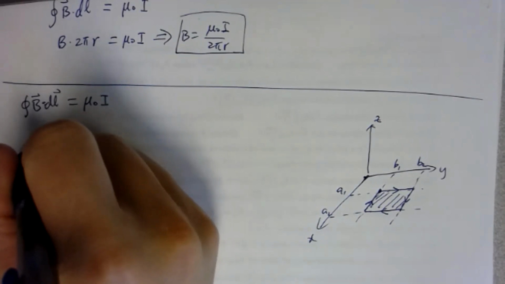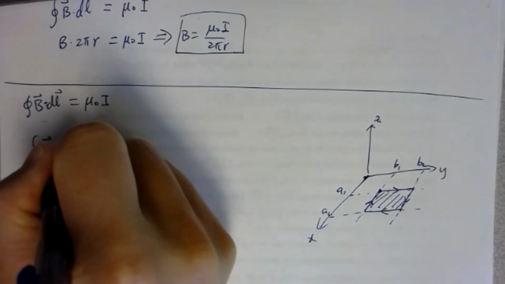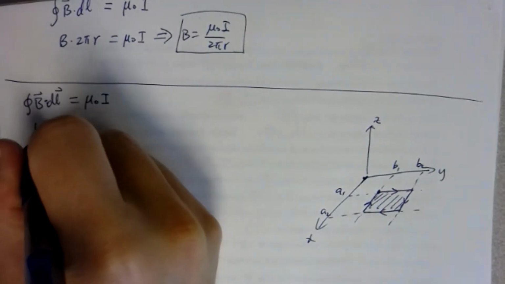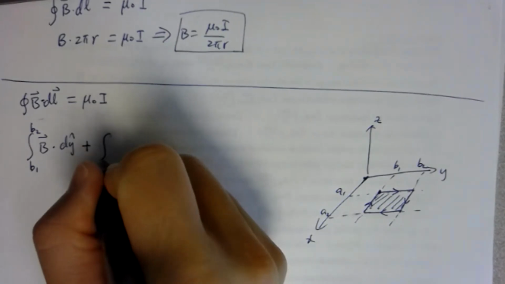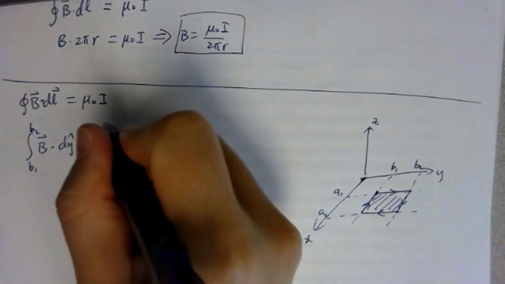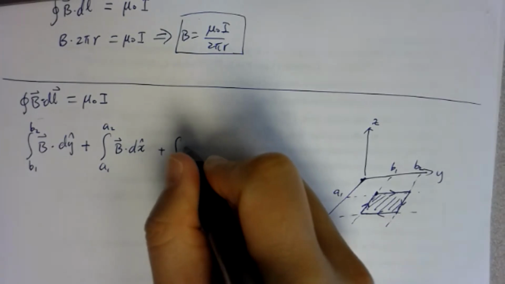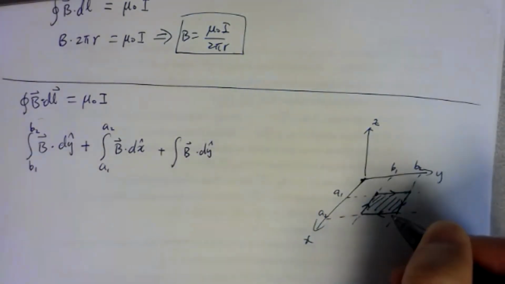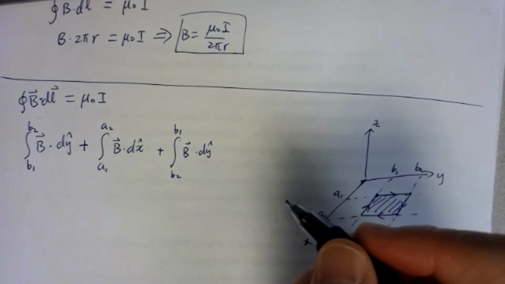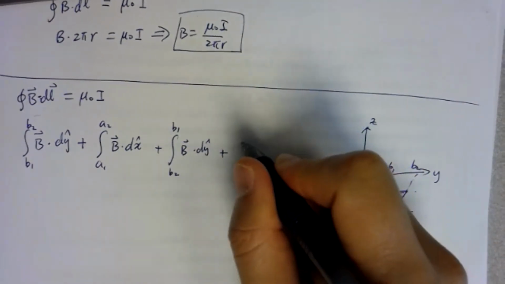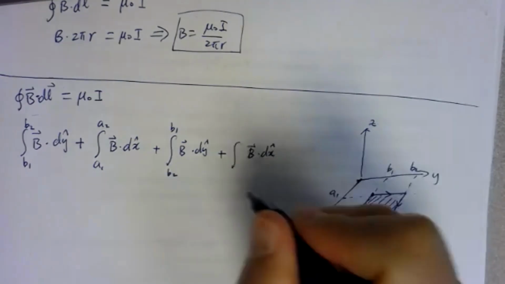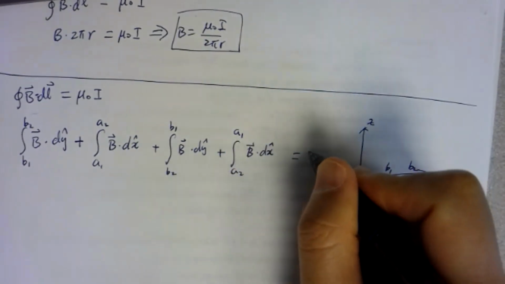The first is the integration of B dot dy from b1 to b2, plus B dot dx from a1 to a2, plus B dot dy again, this time from b2 back to b1, and the last part is the integration of B dot dx from a2 back to a1. All of that equals mu naught times I.